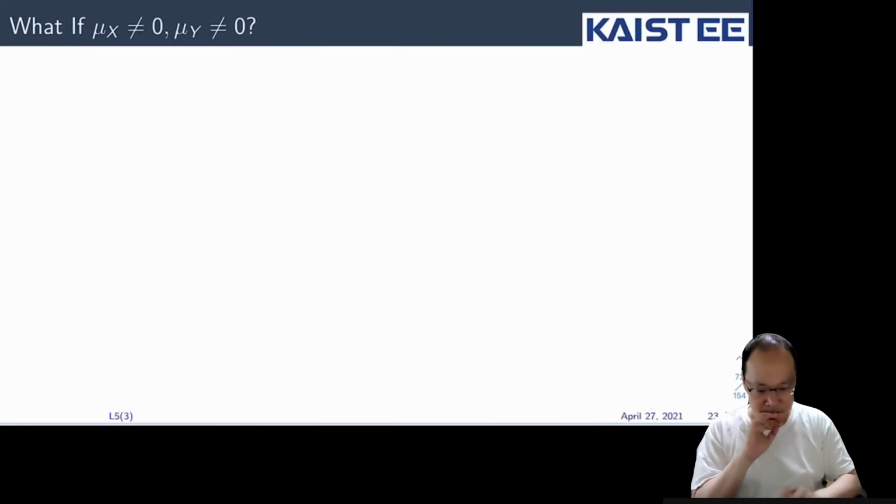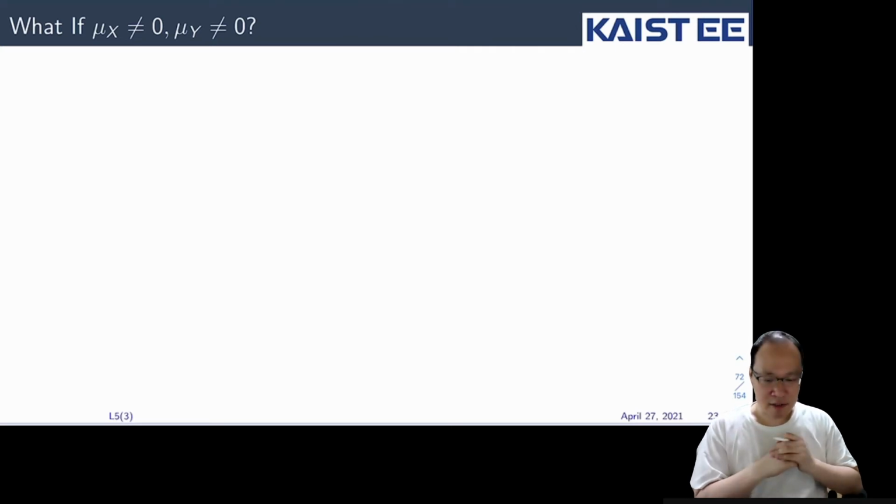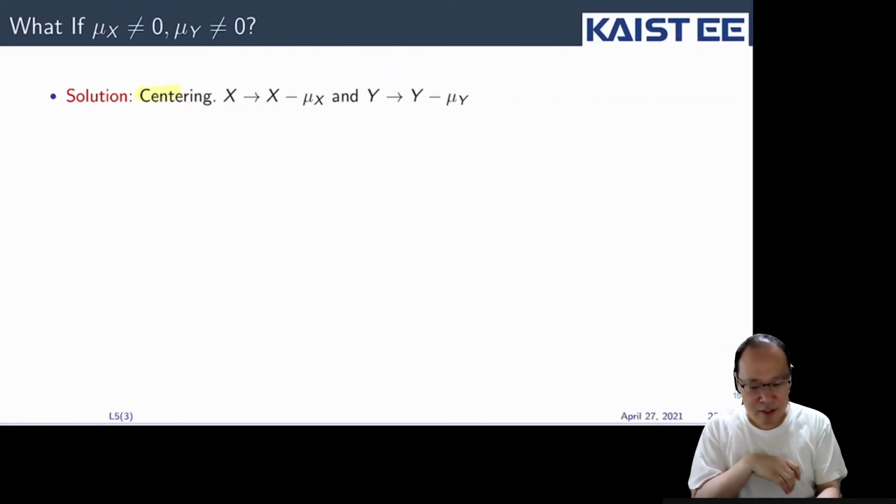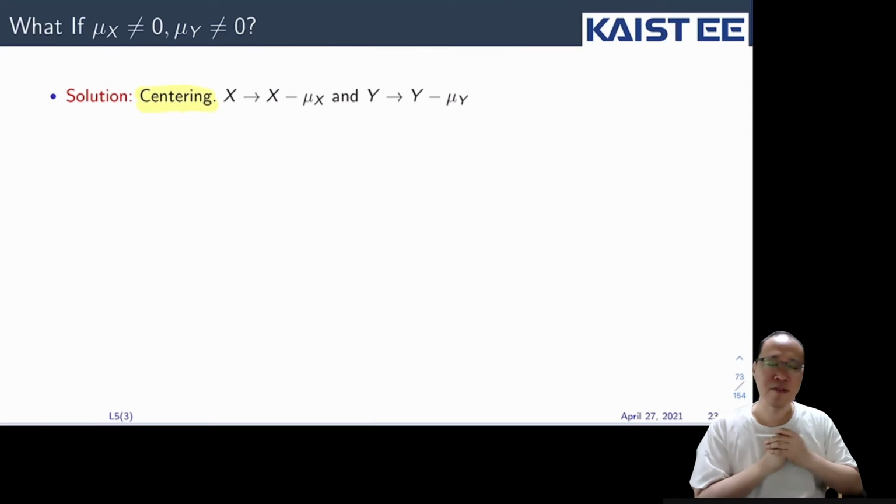All right. Now the question is, what happens if the expectation is not 0? Then somehow we need to modify the expectation of xy just a little bit, but still sustain the properties that we want. How can we do that? Do we have an idea? Yes, and the answer is centering. Centering is always useful.